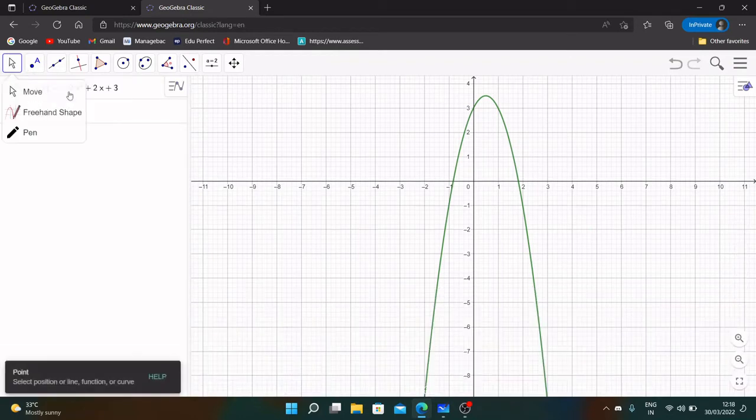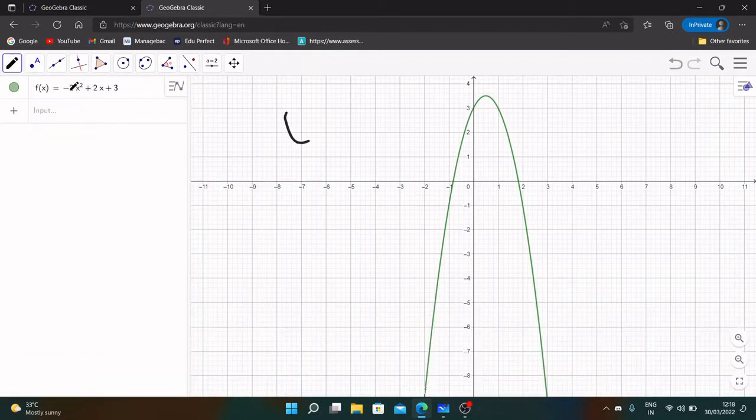A parabola which is shaped like this is known as a concave up parabola. And a parabola shaped like this one is known as a concave down parabola.